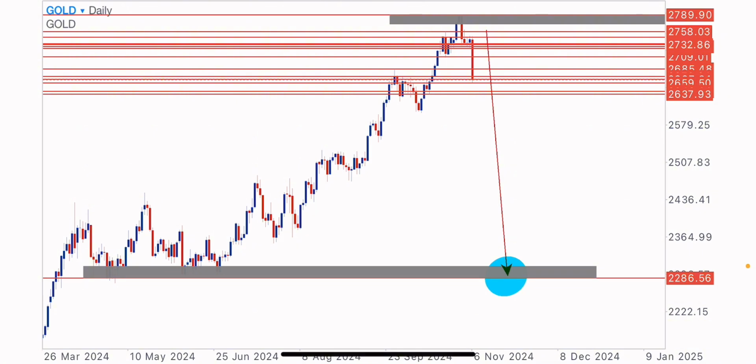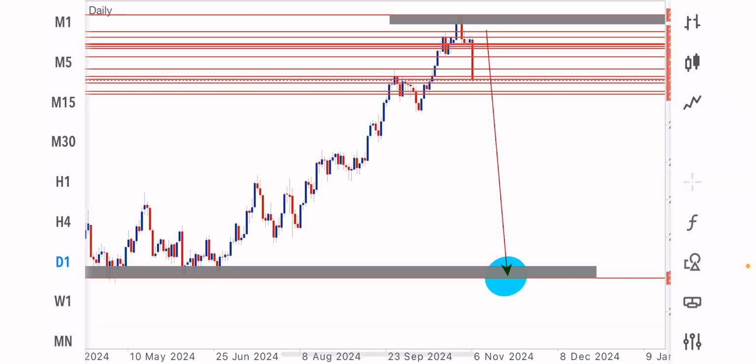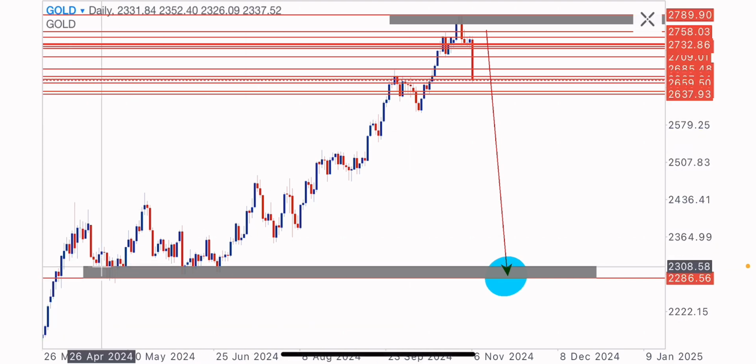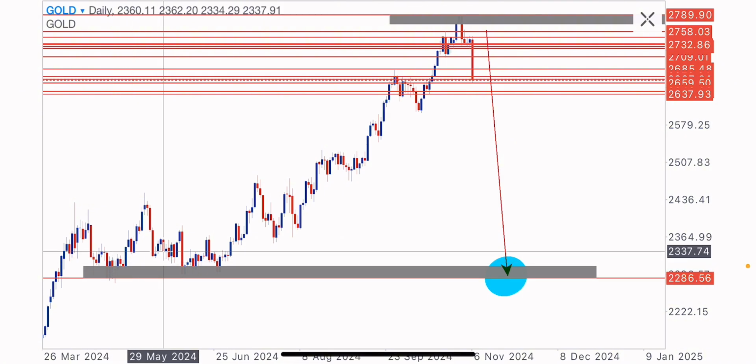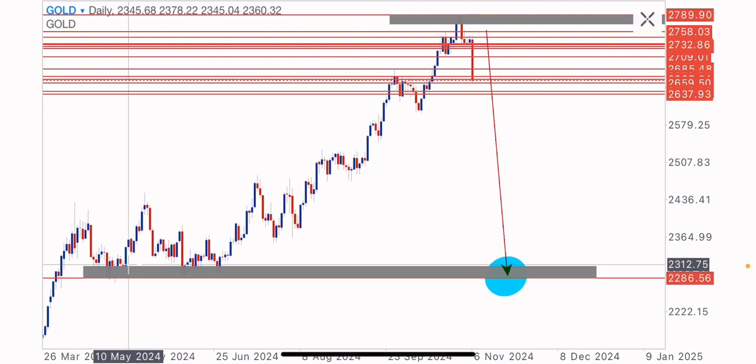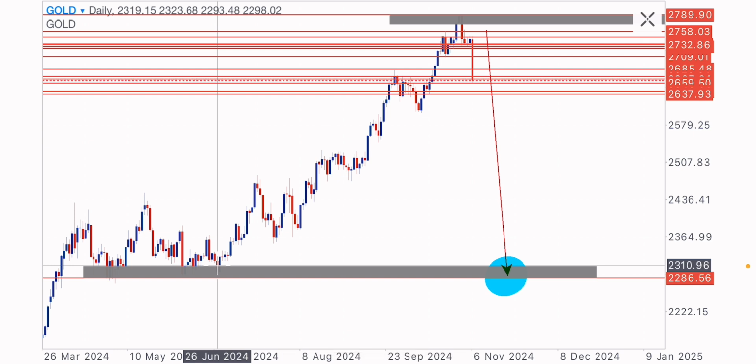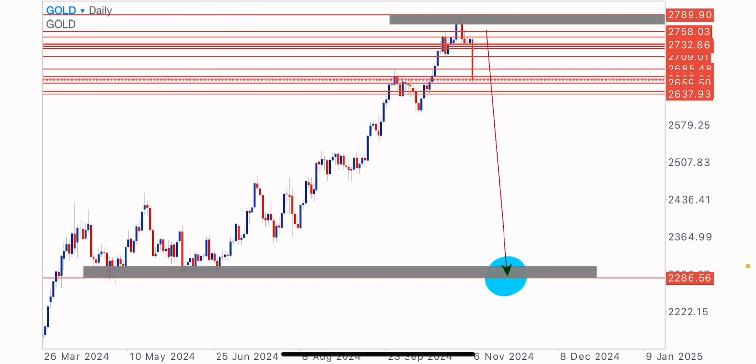Yes, the market has to reach this zone here, as that zone is our 90% rule, because we can see that there was a lot of rejection at this level, right? This level is our support, and the market has to touch there. Remember that whatever goes up has to come down. Same applies to the market.